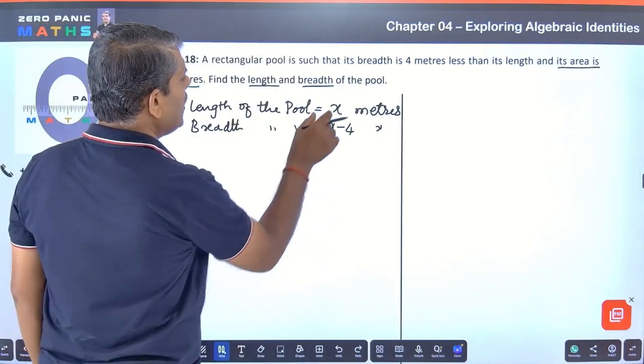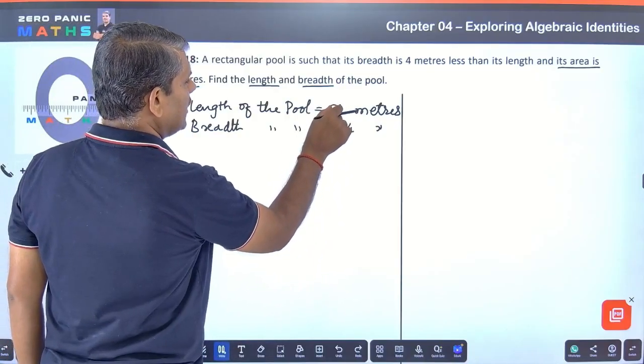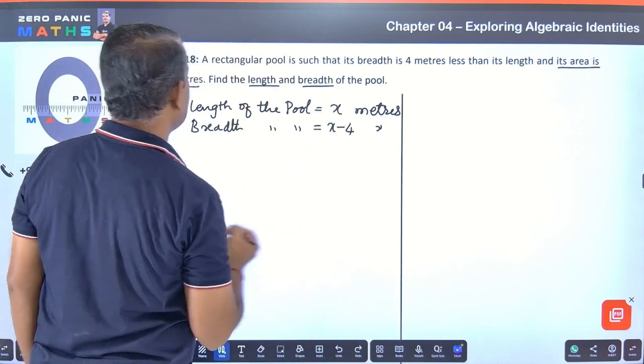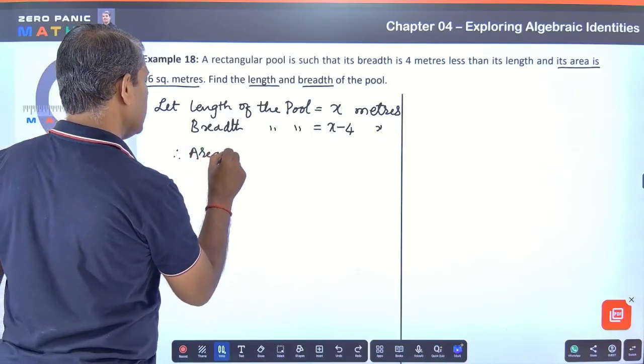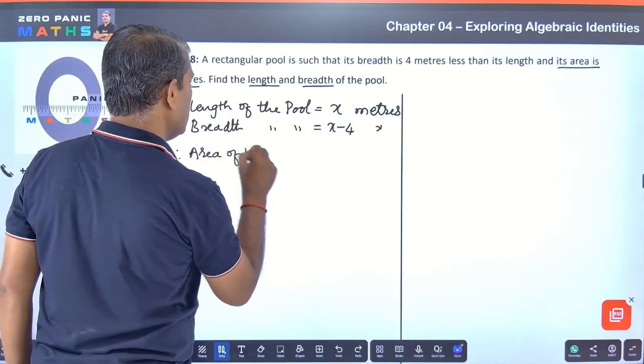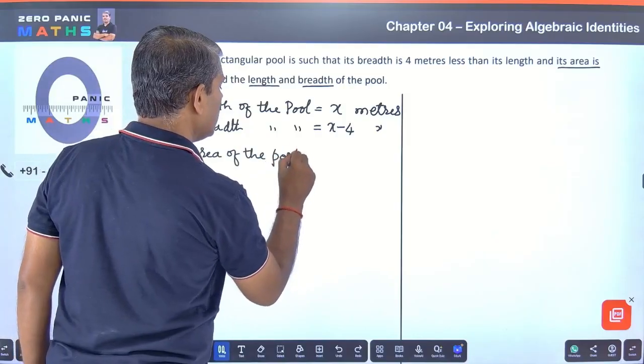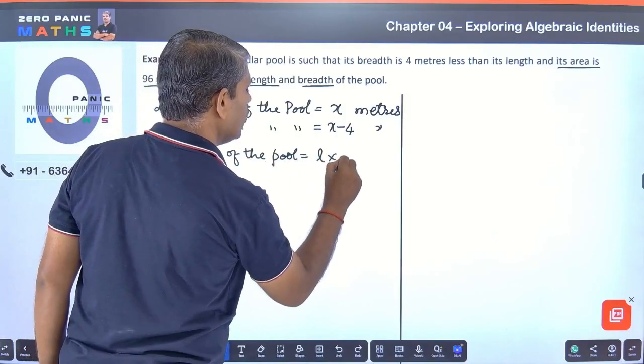Now multiplying length and breadth, we will get the area. So area of the pool is equal to length into breadth.